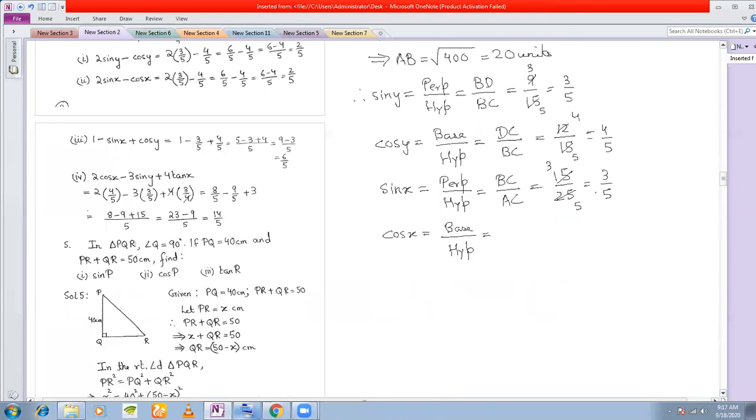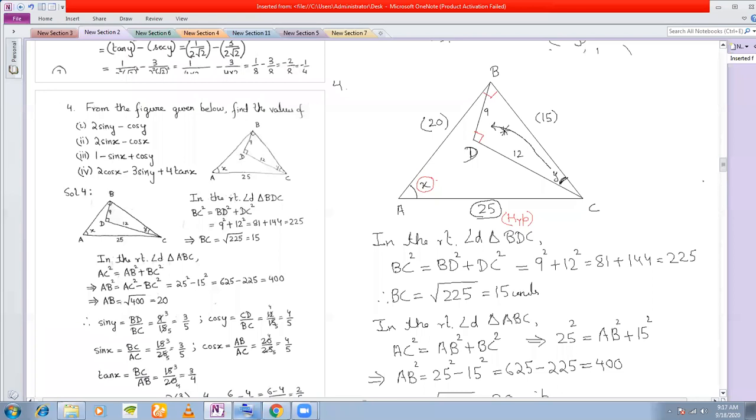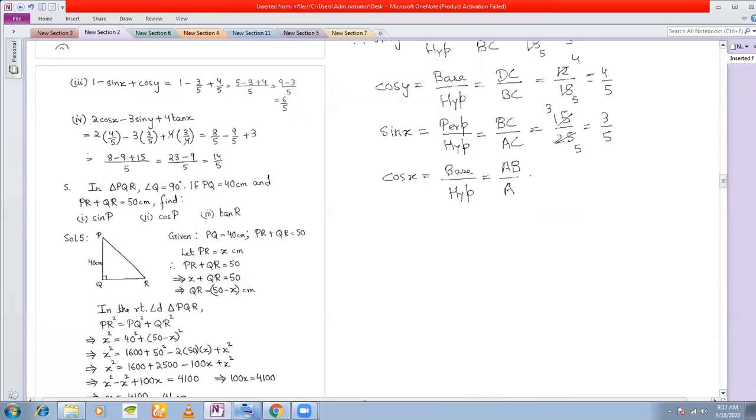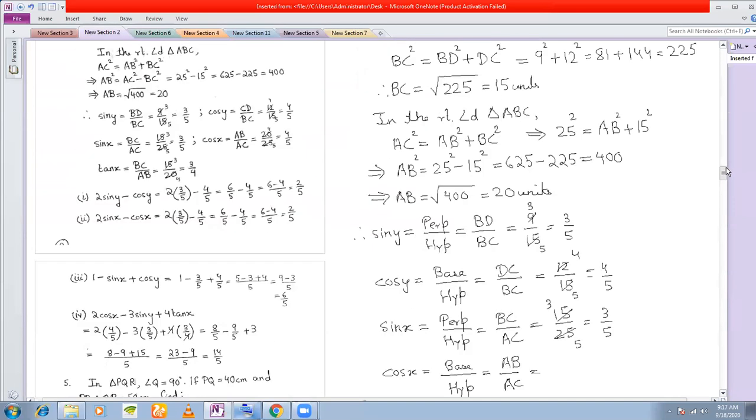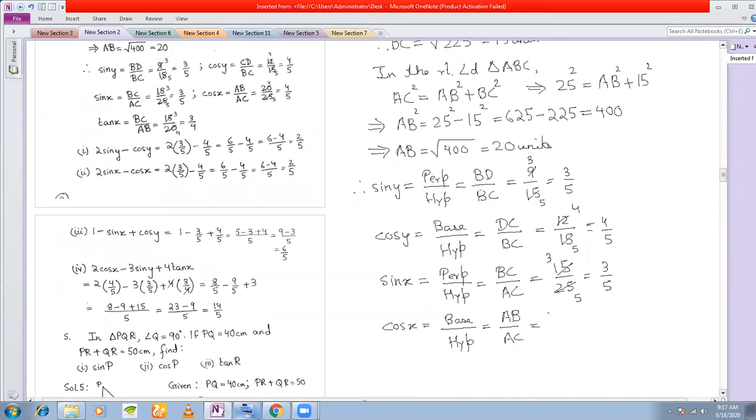I'll write AB. And the hypotenuse here is AC. So length of the base AB is 20, hypotenuse is 25. So 20 by 25. So this is 4 and 5, 5. So this you get as 4 by 5.